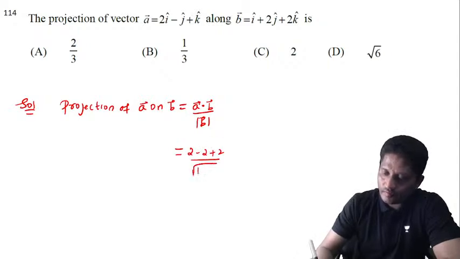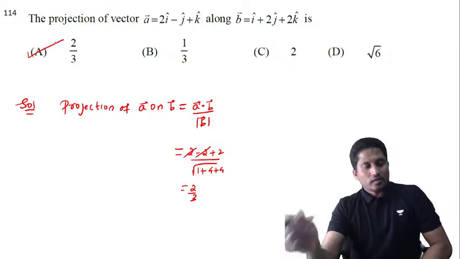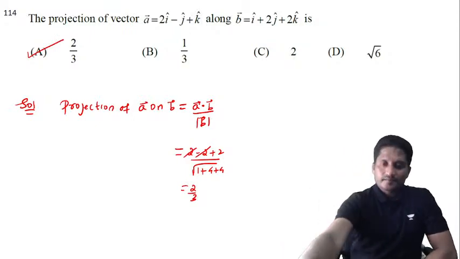Modulus of B is root of 1 plus 4 plus 4, okay, this is 3. So projection of A on B will be equal to 2 by 3.